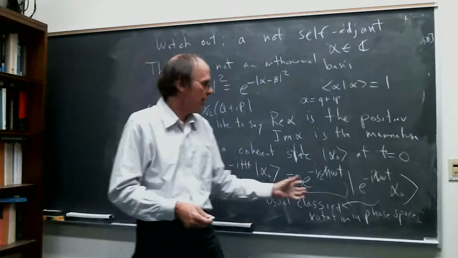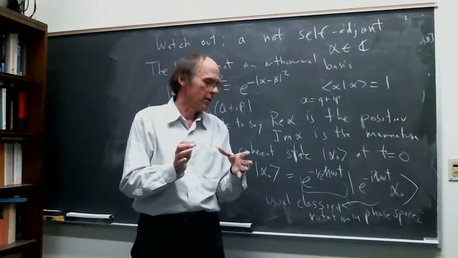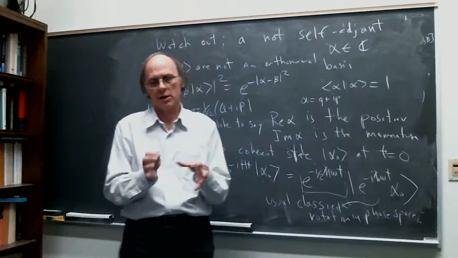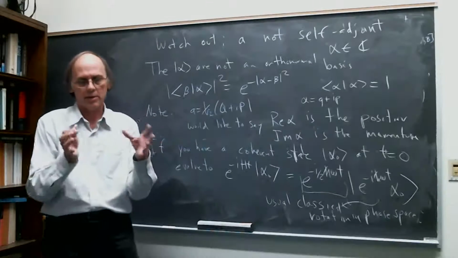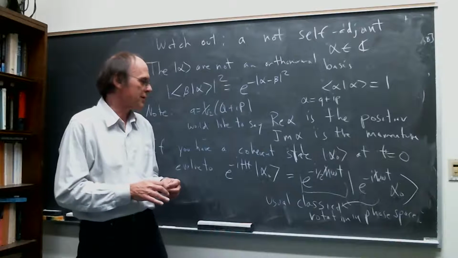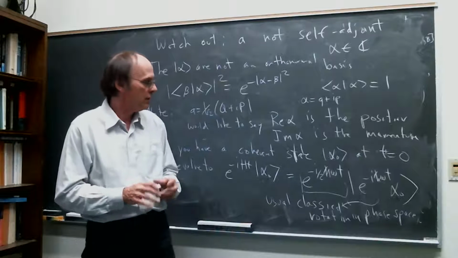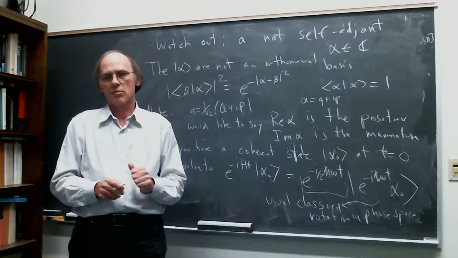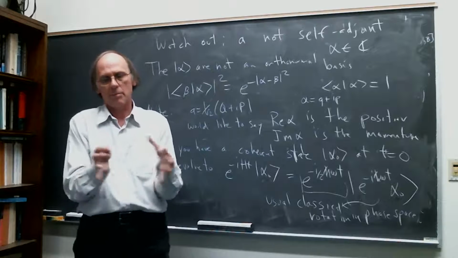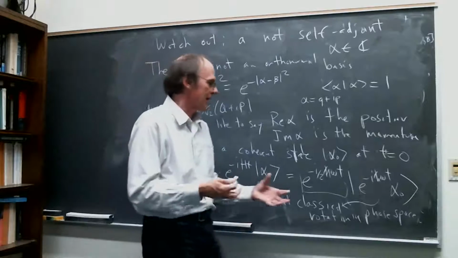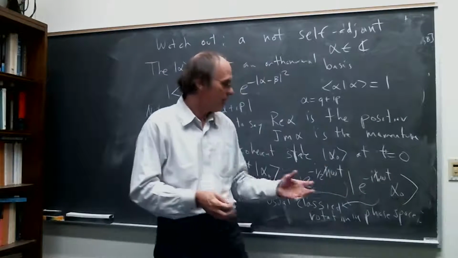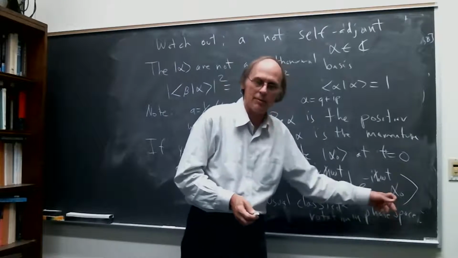That's the kind of state you would use when you have coherent radiation in a laser, for example. So such physical states are what occurs if you want to do quantum optics and describe the state of a laser as a quantum object. It's not something that has a well-defined number of photons in it, but it is given exactly by one of these things.